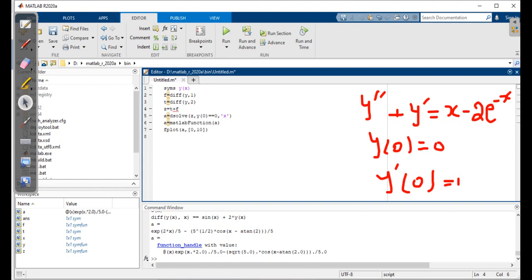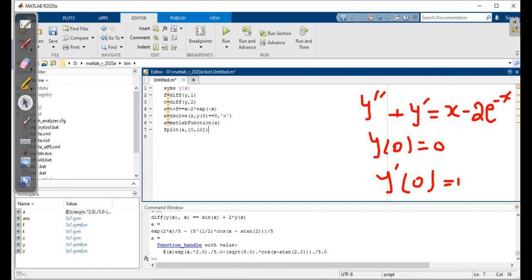The second derivative of f is equal to x minus 2 multiplied by exp, the exponential e, minus x inside it. This is how to write it: 2 e to the minus x. Okay, all right, hope you got it.